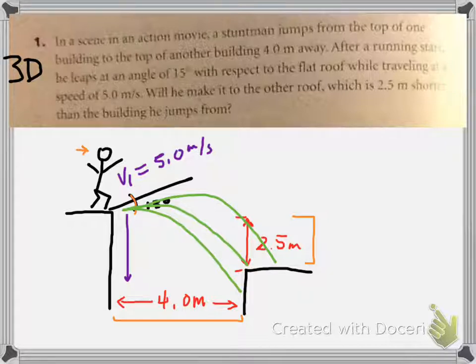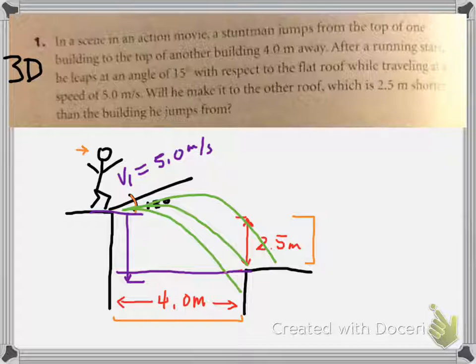Delta y is going to be negative. We assume, anyway, that they're going to be below the level of this first roof.